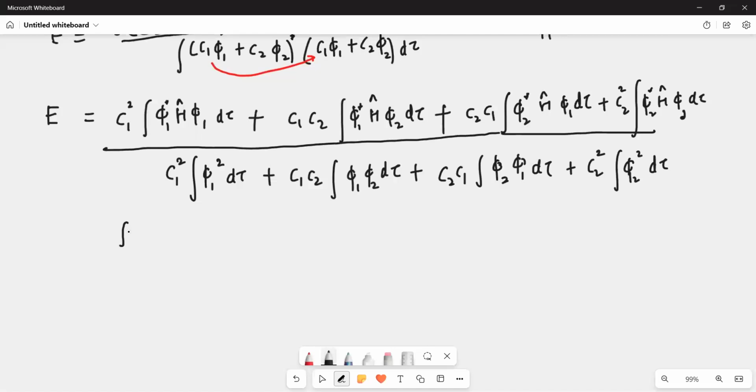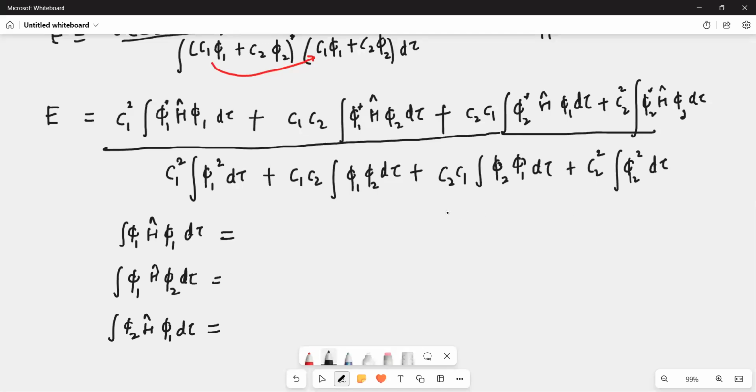So first integral is phi 1 h cap phi 1 d tau. This is the first integral. Second integral is phi 1 h cap phi 2. Third integral is phi 2 h cap phi 1. Okay, next integral is phi 2 h cap phi 2 d tau.